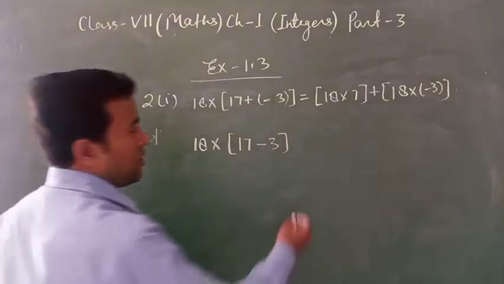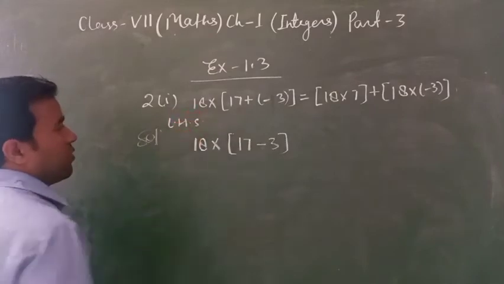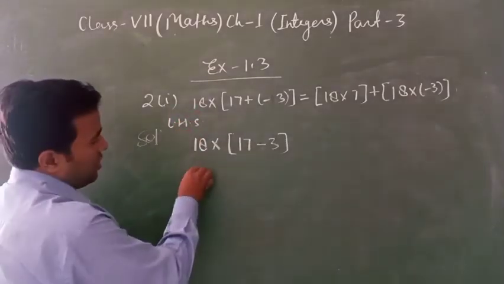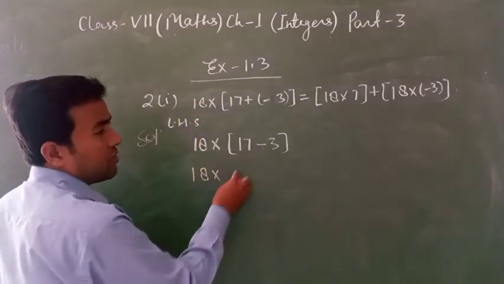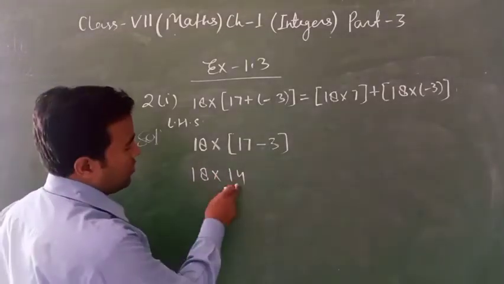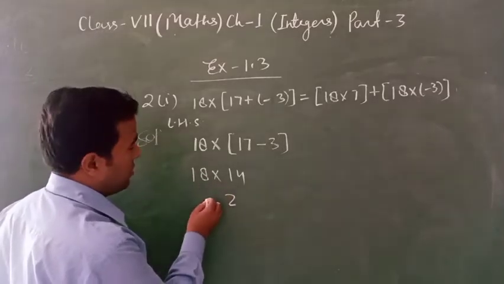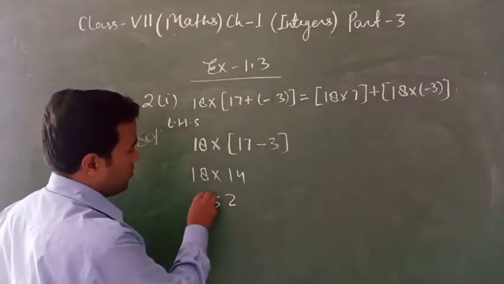Okay? So it is the left hand side. First we will find the left hand side. 18 into 7 minus 3 is 18 into 14. 18 fours are 72, 18 ones are 18, so 252.